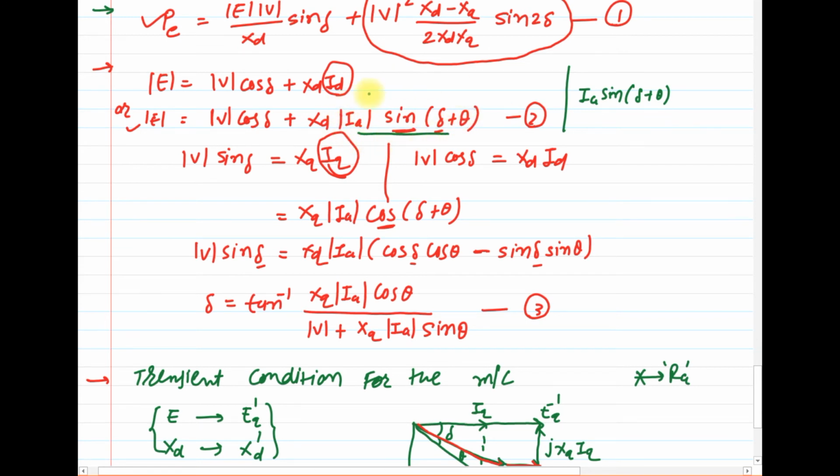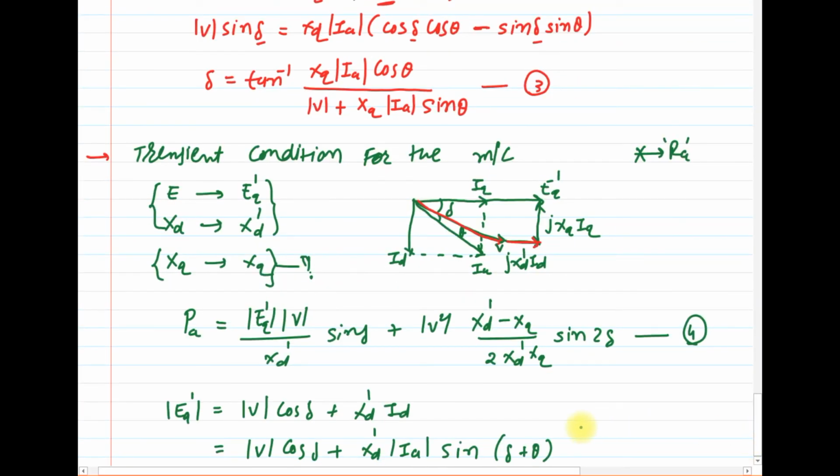From equation number 2, IA sine delta plus theta is equal to E minus V cos delta, divided by XD. Clear? Divided by XD. So just substitute the value of IA sine delta plus theta from equation number 2 into equation number 4 or 5. Clear? Again I will repeat.